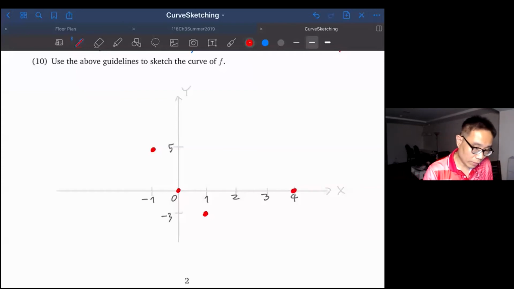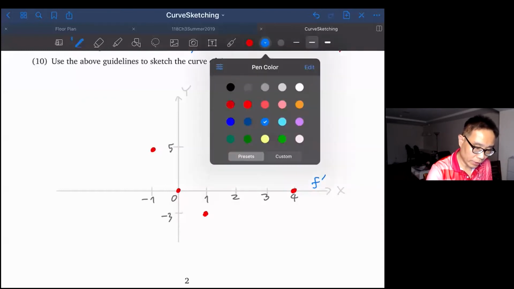And we're going to put the sign of f prime and the sign of f double prime.